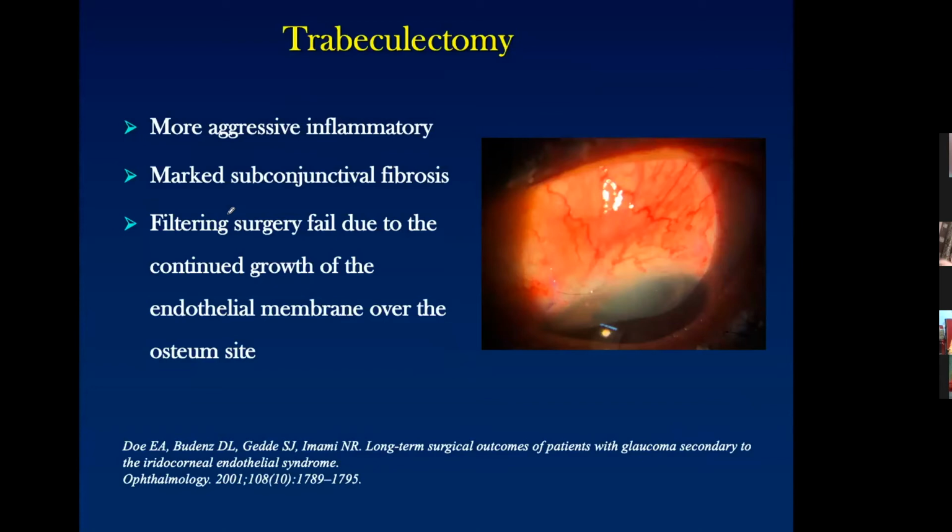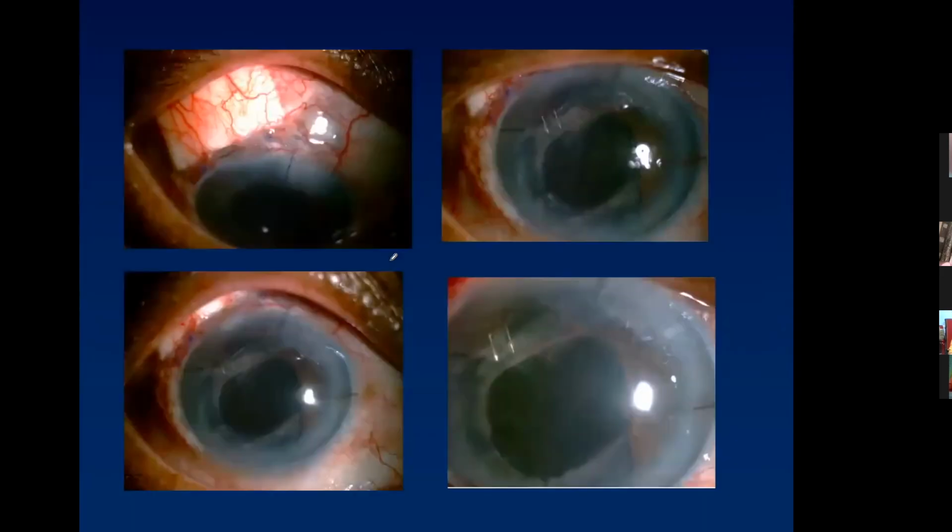This applies to uveitic glaucoma and neovascular glaucoma as well. One thing specific to ICE syndrome is that migrating endothelial cells come and block the ostium. That is another reason why the chance of success of a conventional trabeculectomy is very low in cases of ICE syndrome.